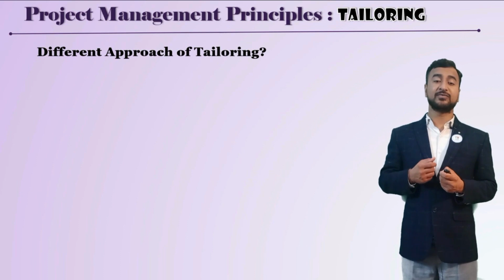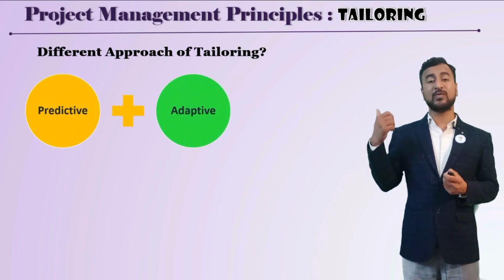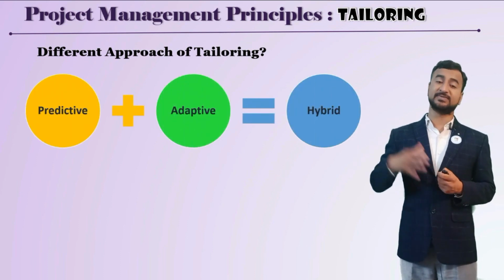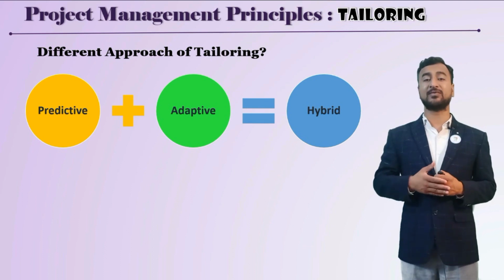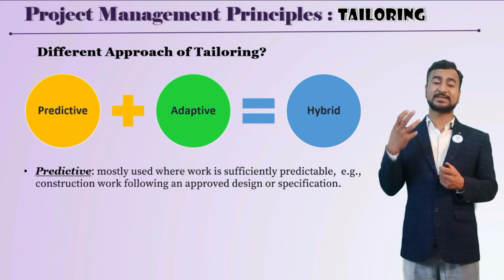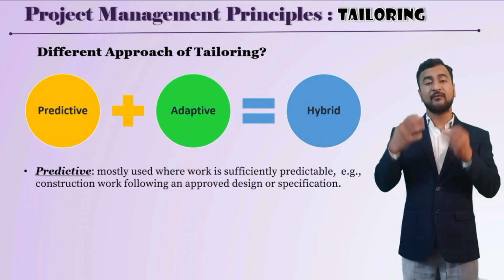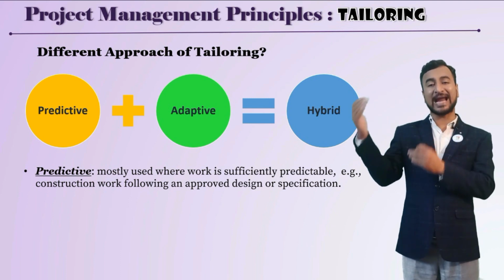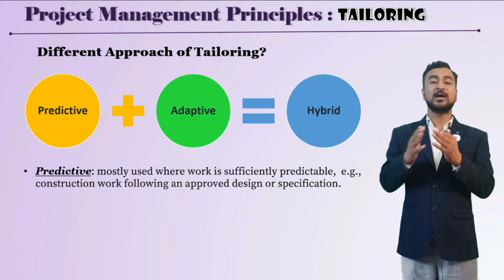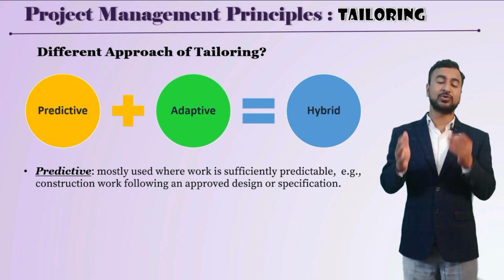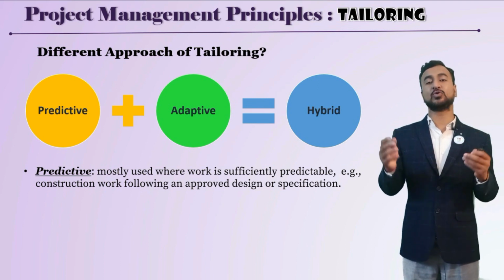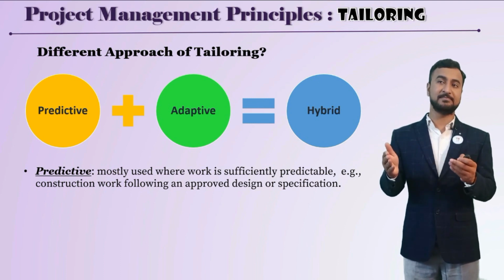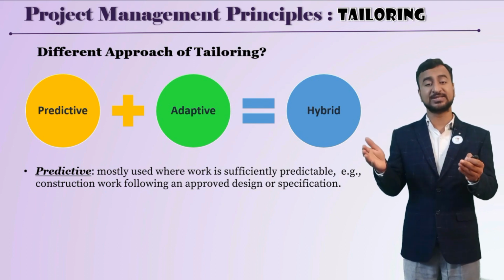If I want to give you one example: predictive, adaptive, and the combined hybrid. We will discuss this in detail in the performance domain, but predictive is mostly used when you know the end result and your requirements are very clear to all stakeholders, like building a construction plan.